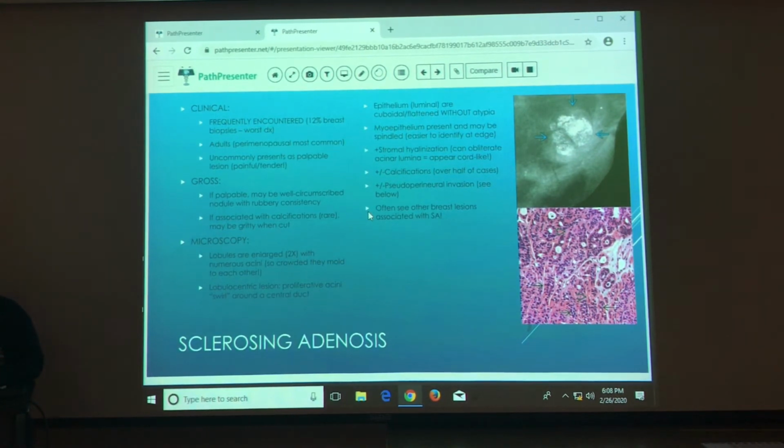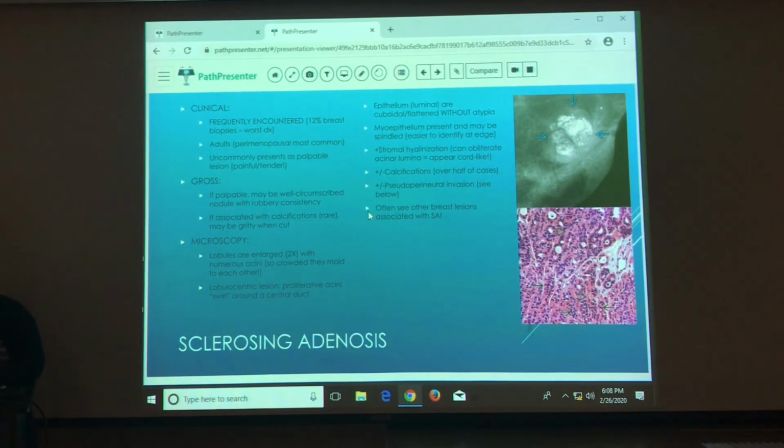As they start to hyalinize over time, they start squishing those glands. So you might see areas where it looks like you have cords of cells or angulated glands, and that can make us really worried. This is a very good mimic for invasive carcinoma.